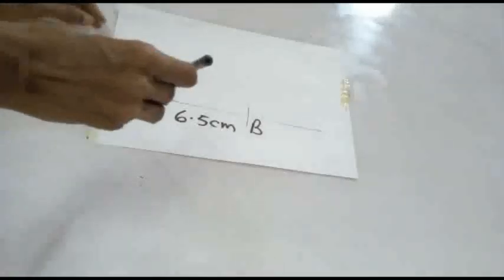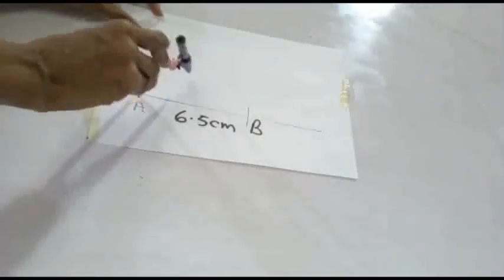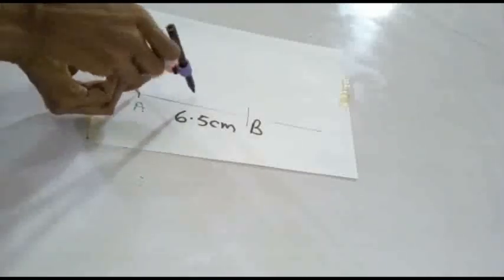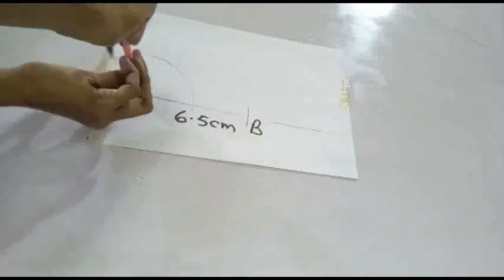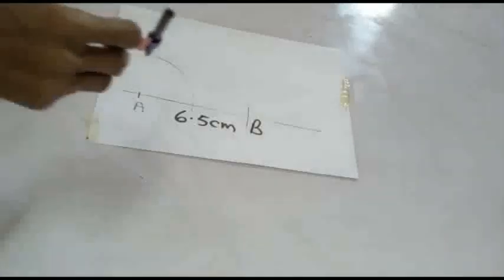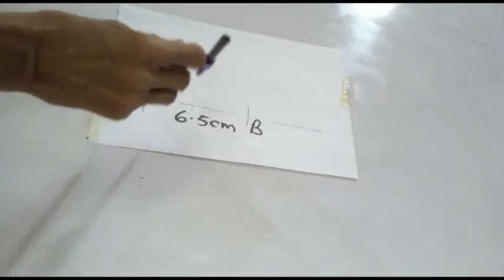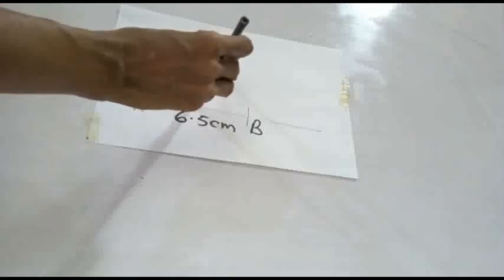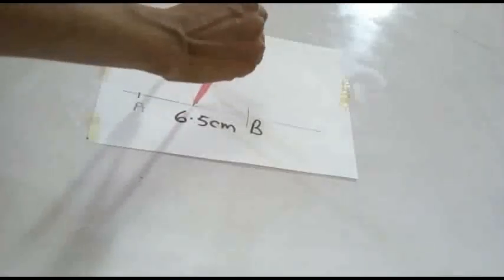Construct an angle of 90 degrees at A such that AB is an arm. Take this point as the center and draw an arc. With the same radius, take this intersected point as the center and draw an arc.